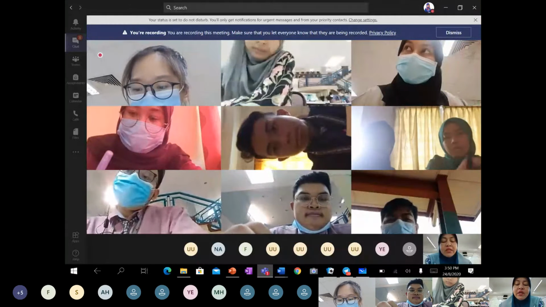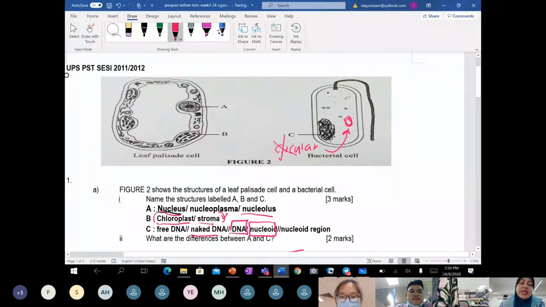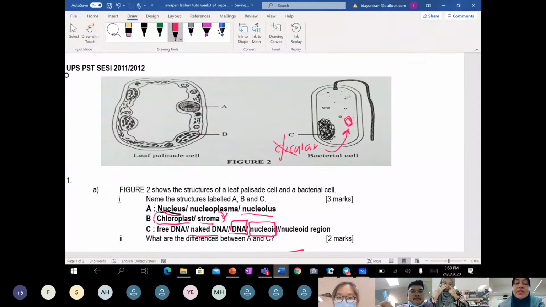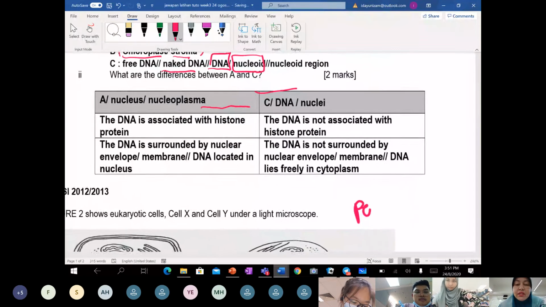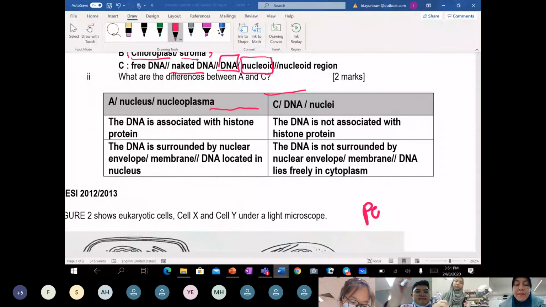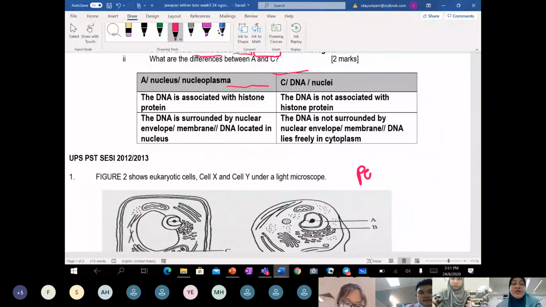For this question you cannot answer A linear, whereas C circular, because this question specifically shows the naked DNA, not the plasmid. If the question were a general comparison between the DNA of prokaryote and eukaryote, then your answer would be acceptable, Aish. You understand? That is why your answer is not acceptable for this case.